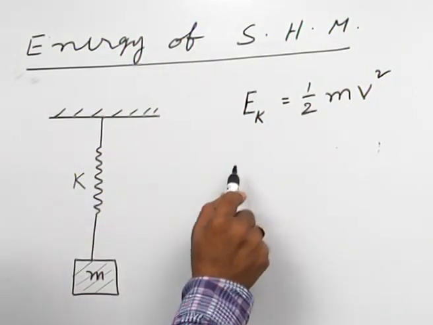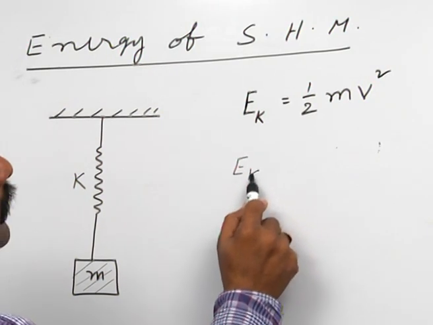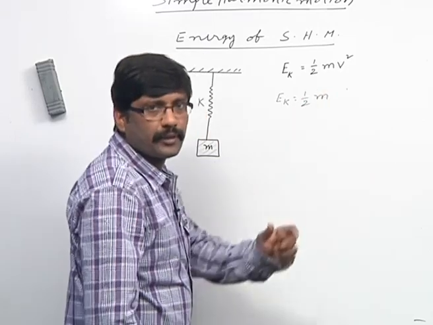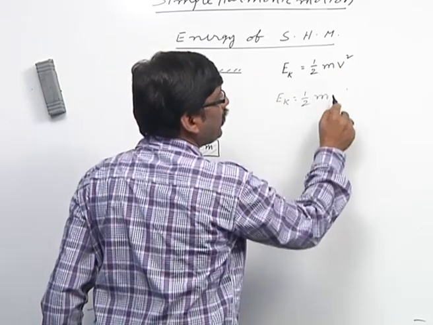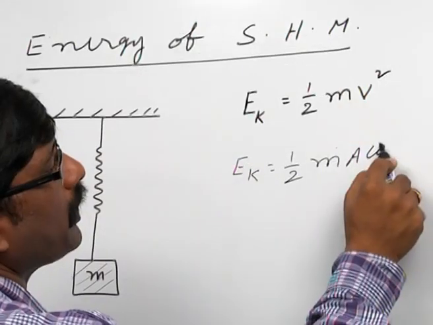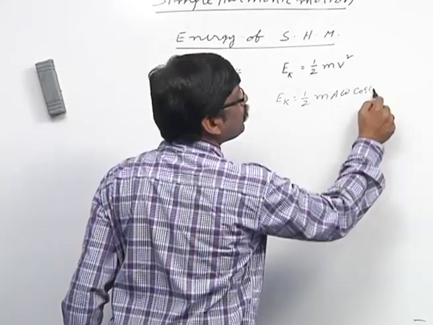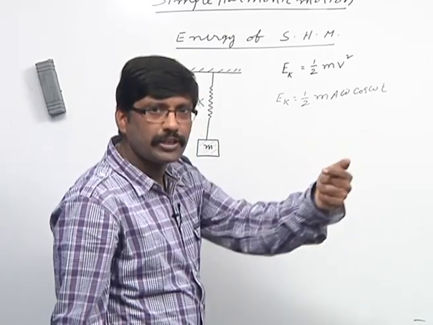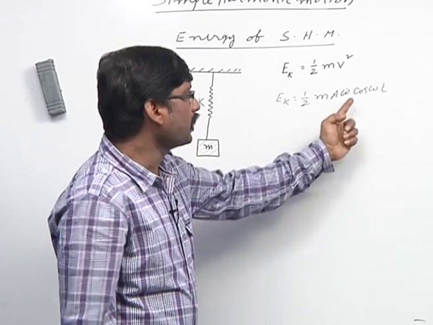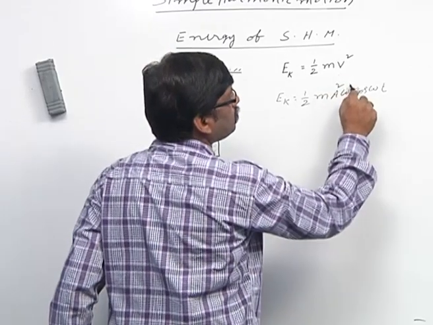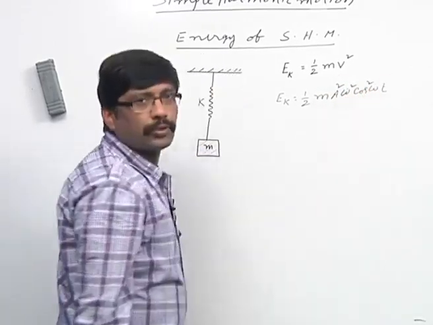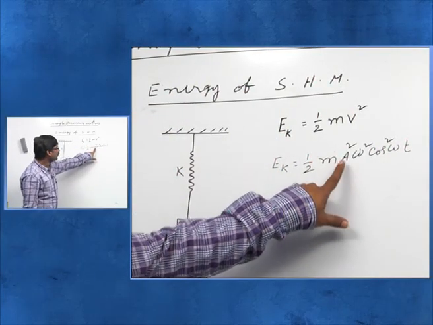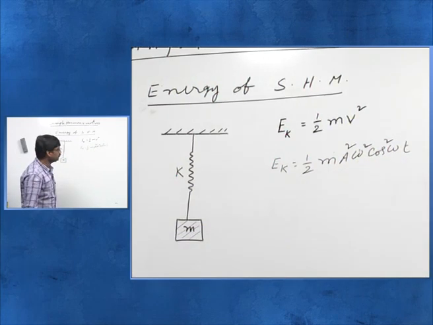As we know, in the beginning we proved that v is nothing but a omega cos omega t, since y is equal to a sin omega t. If I differentiate, we will get velocity a omega cos omega t. Square it. So, the kinetic energy of a simple harmonic oscillator is half m a square omega square cos square omega t.